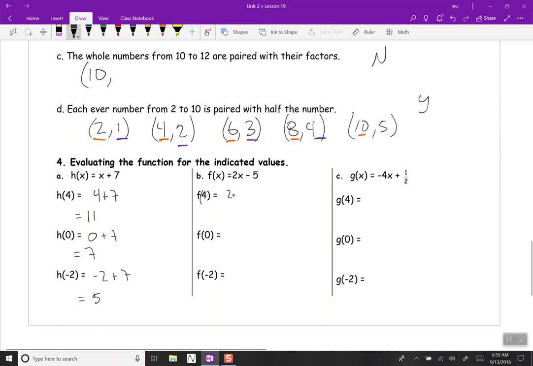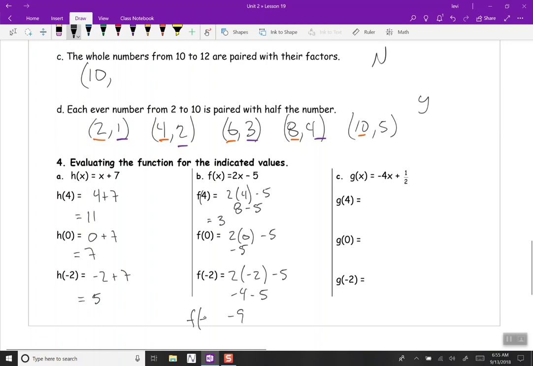F of 4 would be 2 times 4 minus 5, so that's 8 minus 5, which is 3. F of 0 would be 2 times 0 minus 5, which would be negative 5. F of negative 2 would be 2 times negative 2 minus 5. Negative 4 minus 5 makes negative 9. F of negative 2 equals negative 9.